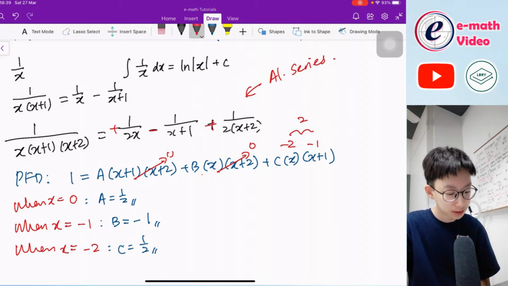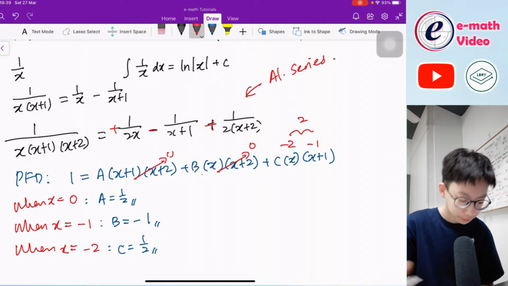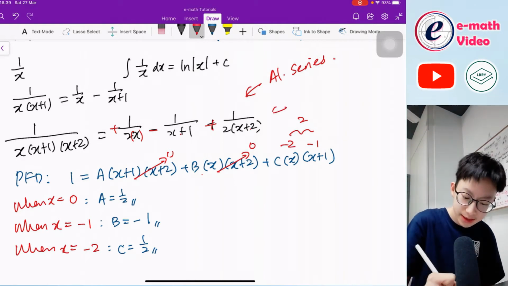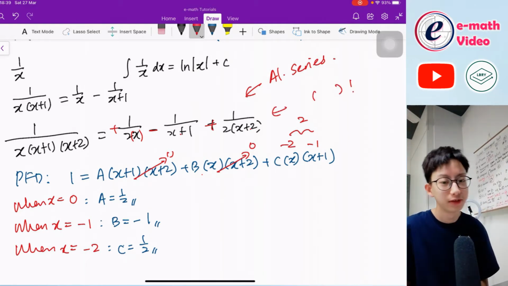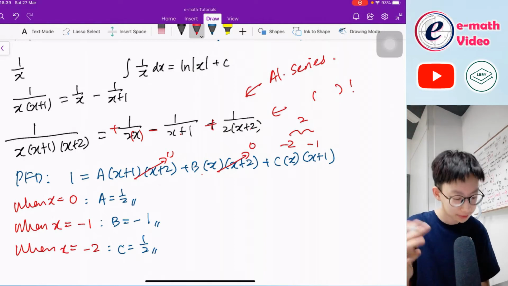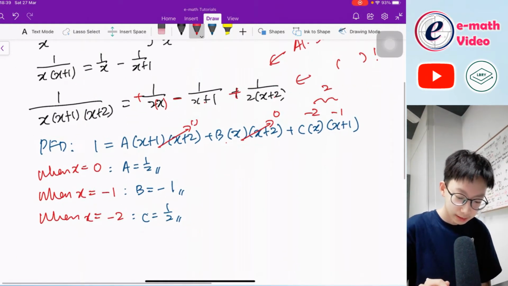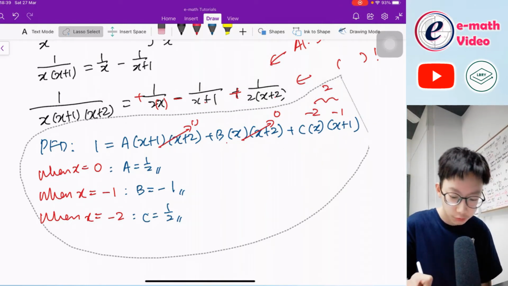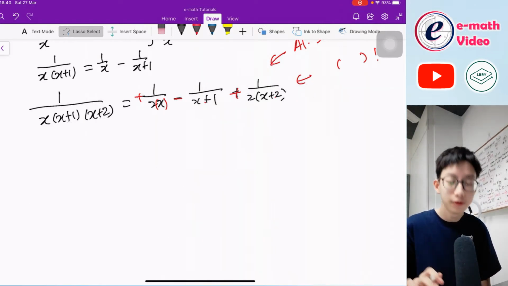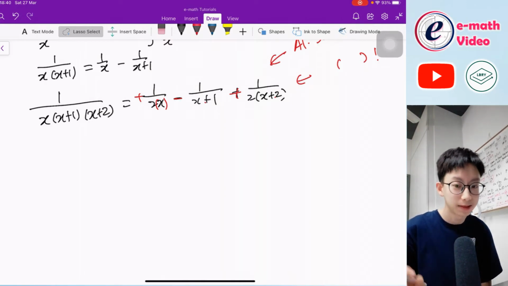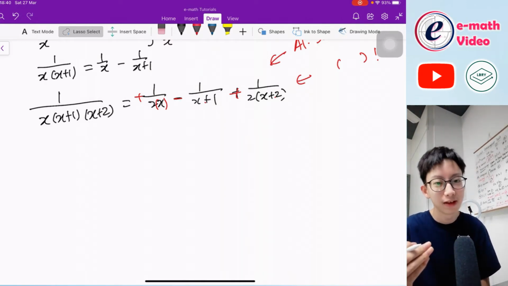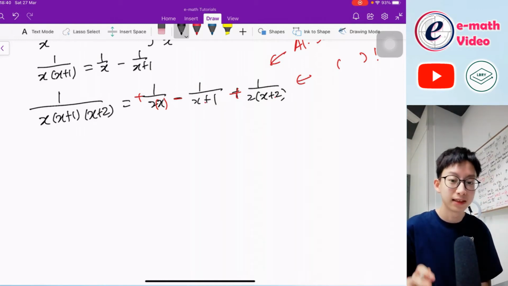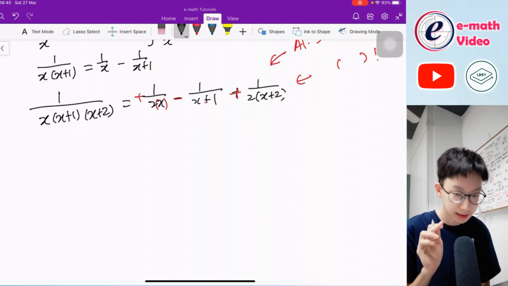And for the denominator, we have x, then x plus 1, x plus 2. So maybe it's some kind of factorial, right? Yeah, I think so. We still can't see the pattern, so maybe we just try to open up one more, and hopefully we can see the pattern by then, because we can't go and open up forever. So hopefully we can get the pattern by the next one.